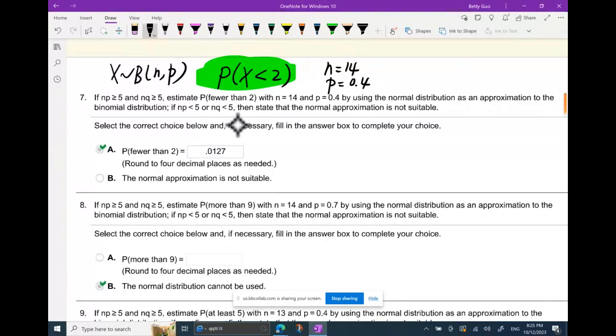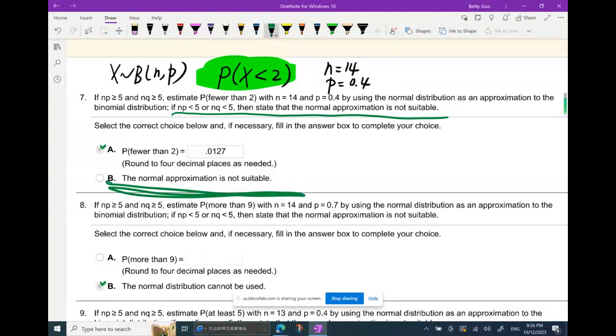If np is less than 5 or nq is less than 5, then state the normal approximation is not suitable. Some of the questions you will see in my lab math have either n times p strictly less than 5 or n times q strictly less than 5. Then you choose that one. But this question is not like that. We can double check. Calculator, please.